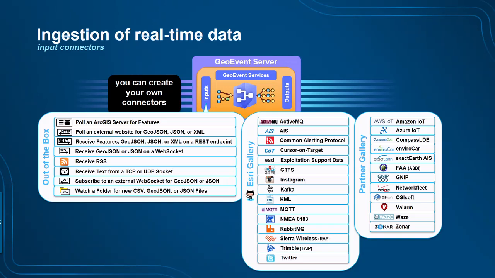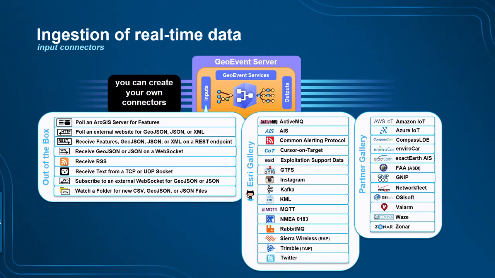We also have connectors on Esri Gallery. These connectors include connectors for if you are listening to a messaging queue, like maybe ActiveMQ, RabbitMQ, MQTT, or Kafka. Connectors for social media, which includes Twitter and Instagram connector. NMEA 0183, which is a GPS standard. So let's say, for example, if you have a device which is communicating on that protocol, we can use this connector to bring the data into ArcGIS.